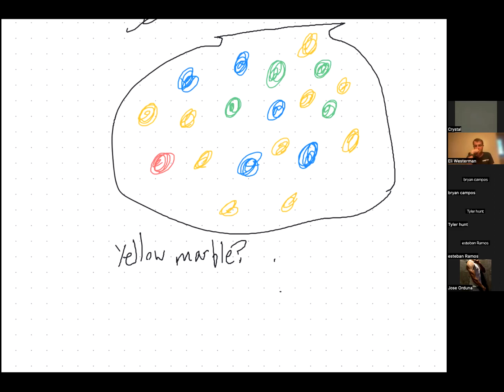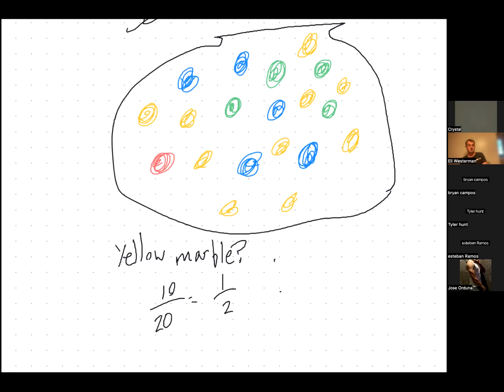All right, I got lots of one. No, those are a different problem. All right, I'm getting some 1/2s. There are 10 yellow marbles and 20 marbles total. So I get 1 over 2.